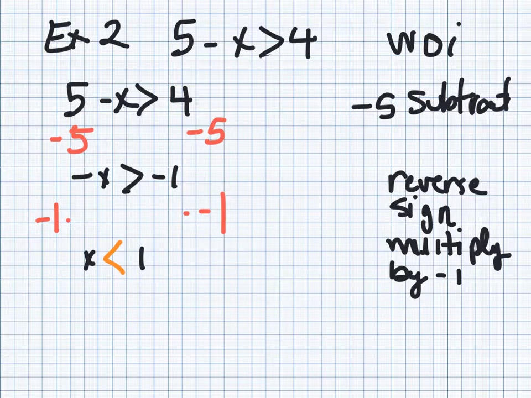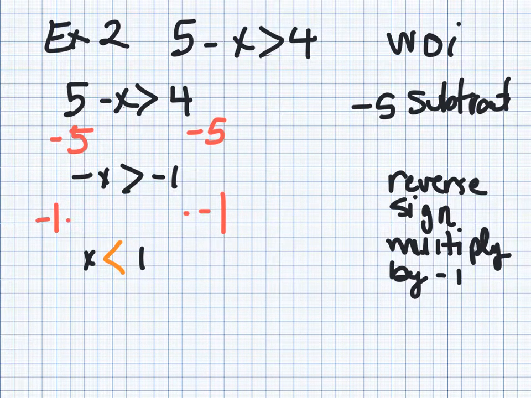So in example 2, we have 5 minus x is greater than 4. That's our original inequality. I keep saying equation, sorry. We're going to subtract 5 from both sides. We have negative 5 minus negative 5 over here. That leaves us with negative x is greater than negative 1.